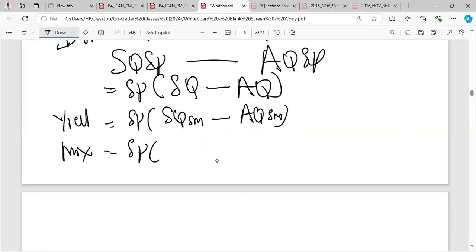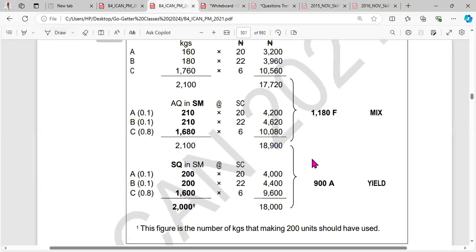Whereas here is actual quantity, standard mix minus actual quantity, actual mix. So that's how to do this. Standard quantity, standard mix. Actual quantity, standard mix. Actual quantity, actual mix. So if you can remember that, then that's it.